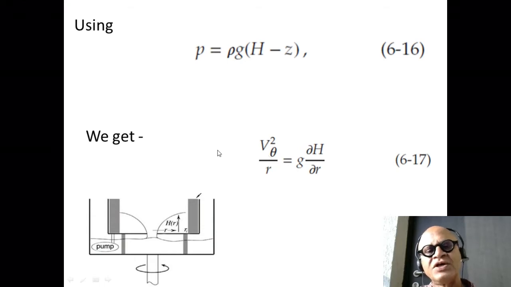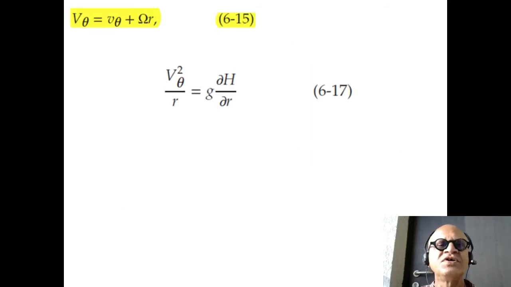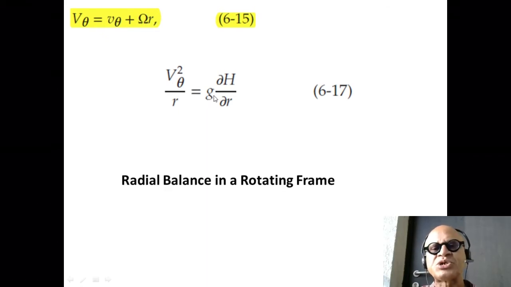speeds. So in the non-rotating framework, the radial balance now with this expression for dp dr becomes rho g dh dr. So v theta squared over r equals g dh dr. That's fairly straightforward. So again, v theta is the relative to the tank plus the tank speed. That's our expression.